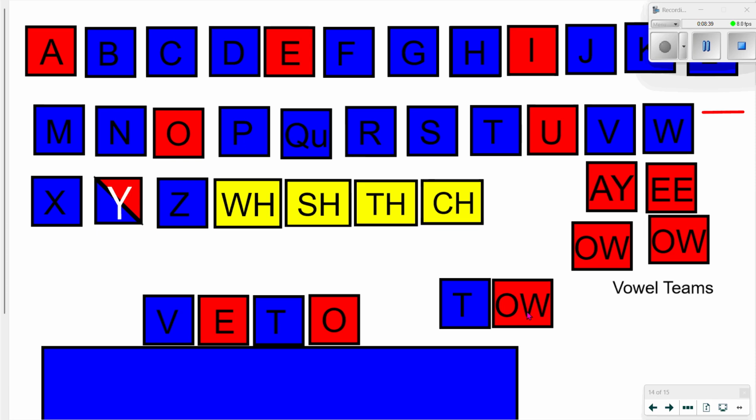But if you look, you'll see a flashing question mark, because this one doesn't have corrected spelling suggestions, but it has a question mark there. And that means, oh, wait a minute, there are different ways to spell this word. And TOW is correct for one way to spell it.